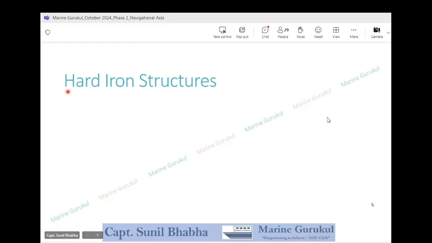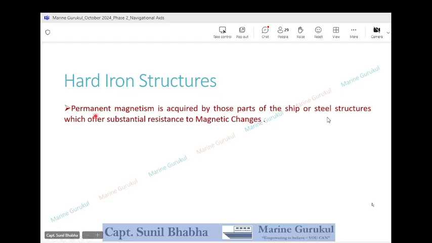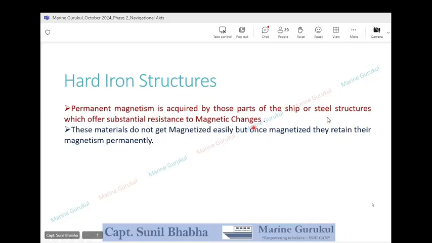Now moving on to the hard iron structures. Permanent magnetism of the ship is acquired by those parts of the ship or steel structures which offer substantial resistance to magnetic changes.